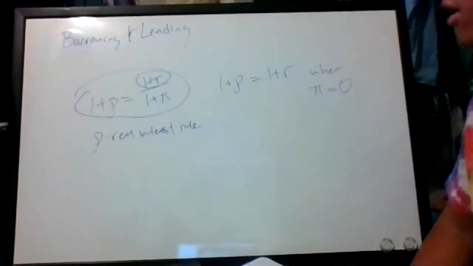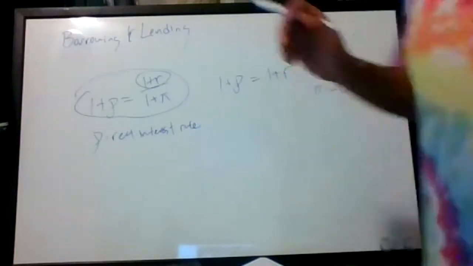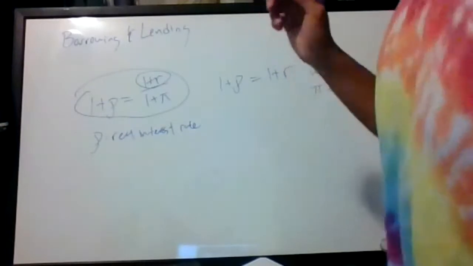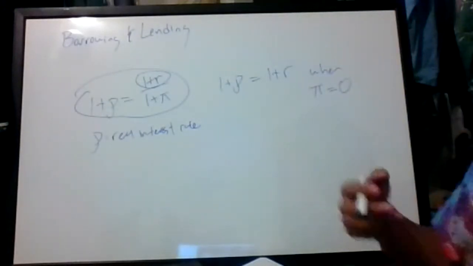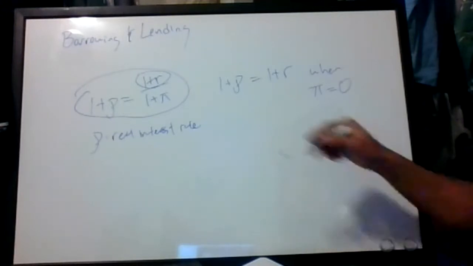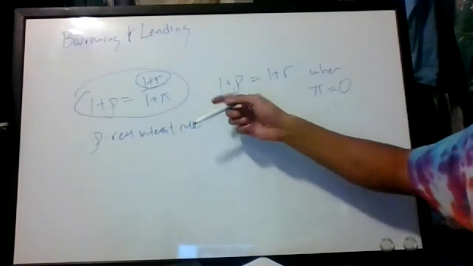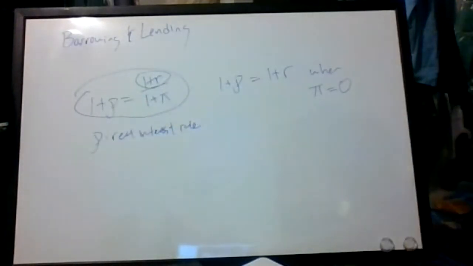Essentially, we want to be familiar with this relationship. But hopefully you guys can make that transition between the nominal interest rate and real interest rate simply by remembering the fact that we divide our nominal interest rate by our inflation rate to get the real interest rate.